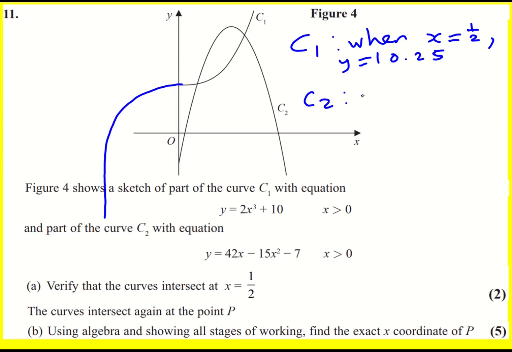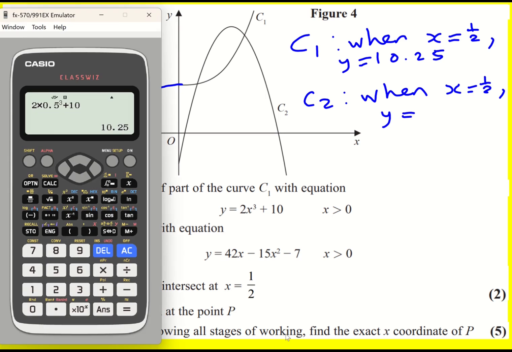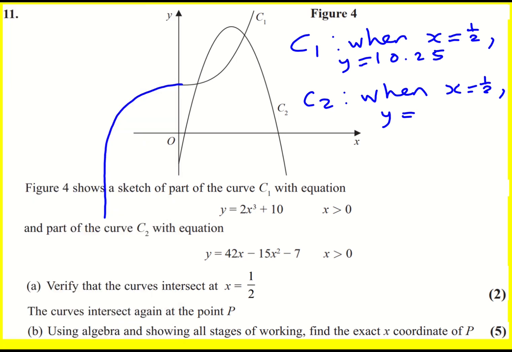And then C2, I feel like I should show a little bit more working for this one. So I've got 21 minus, well, it's going to be 15 over 4 minus 7.